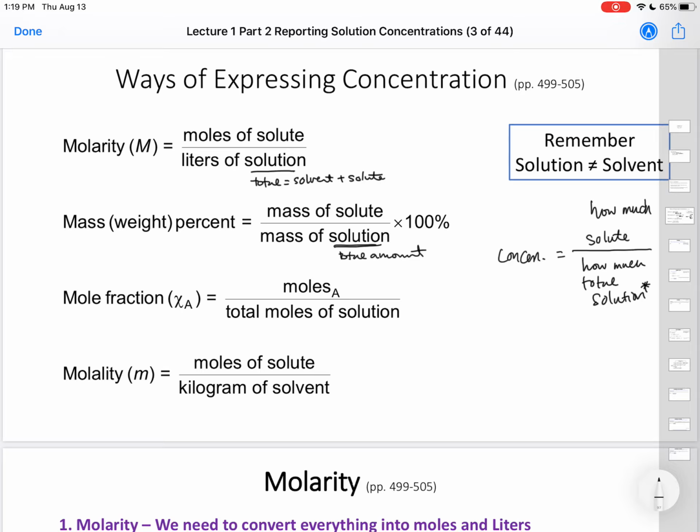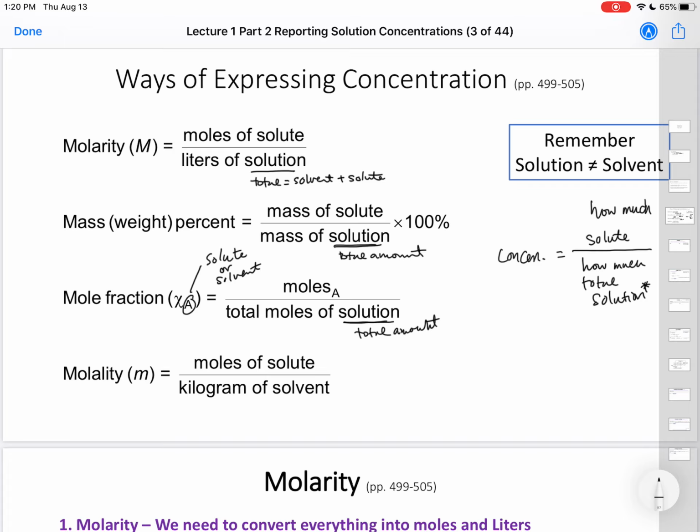Okay. Well, with mole fraction, it is moles of A. A here can stand for the solute or the solvent, depending on what you're calculating. Okay. Again, the denominator is total moles of solution, and again, this is the total amount. Okay. Now, the one concentration expression that is slightly different is molality.